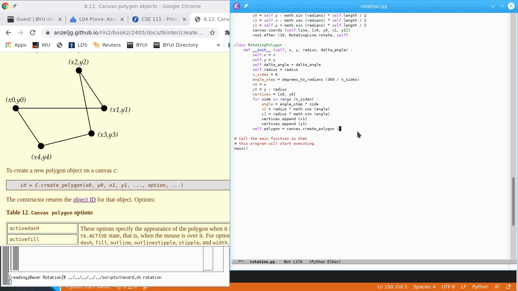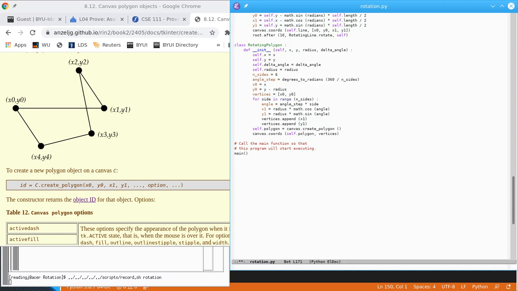So what I need to do is, oh, this stinks. I'd like to create it from the list. Let's see if I can create the polygon with no parameters. And then canvas.coords(self.polygon, vertices).